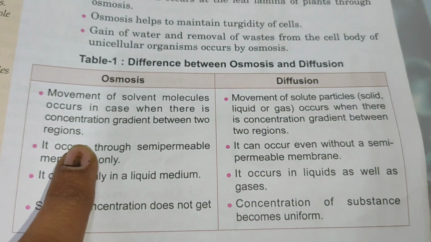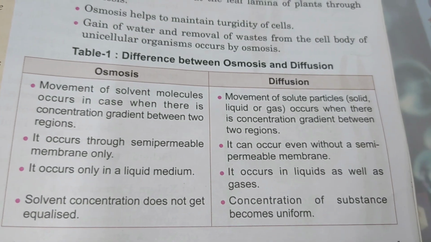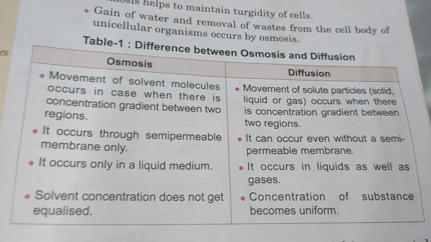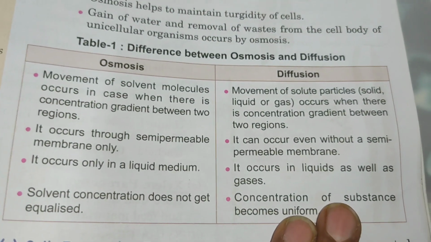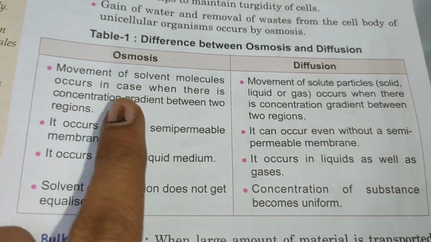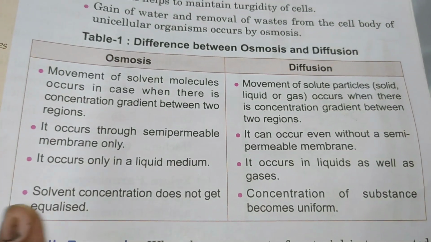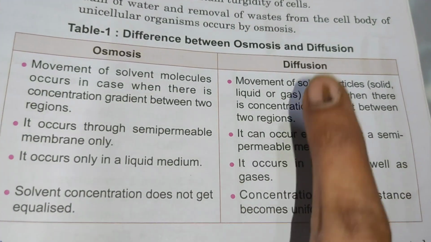Osmosis occurs through a semi-permeable membrane. In diffusion, even if a semi-permeable membrane is not there, it will occur. Osmosis occurs only in a liquid medium. Diffusion occurs both in liquids and gases. In osmosis, solvent concentration does not get equalized; after osmosis occurs, the concentration will not become equal. In diffusion, the concentration of substances should become equal.